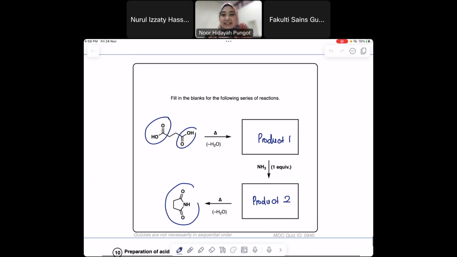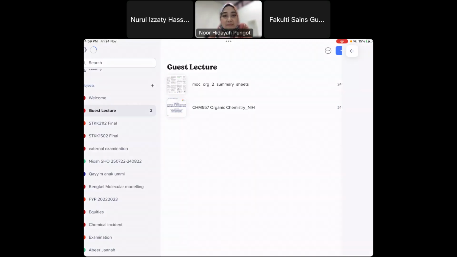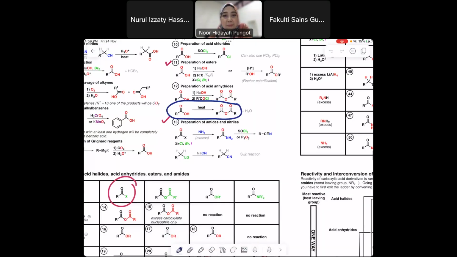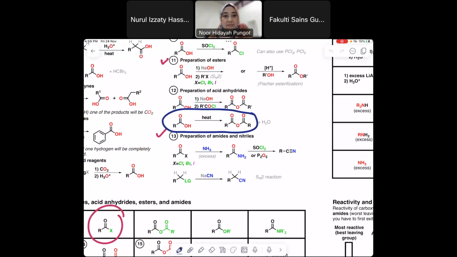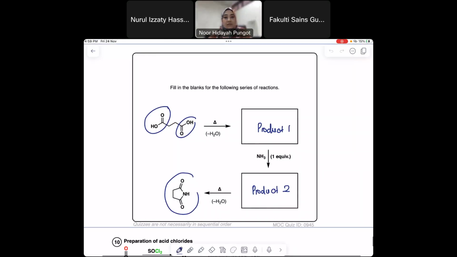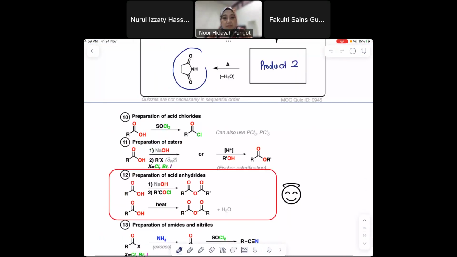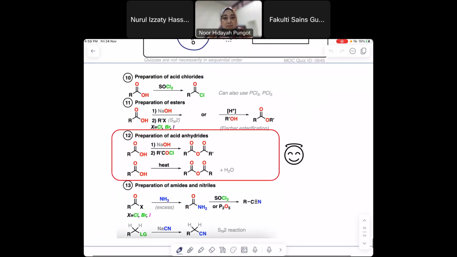Actually, it's coming to carboxylic acid and dicarboxylic acid, which is why I put the difficult question at the end. Because in the summary sheet, when you heat the acid, you make an anhydride. Okay, so it's the same here. The product is an anhydride, and when the anhydride reacts with an amine or ammonia, you get the product here.